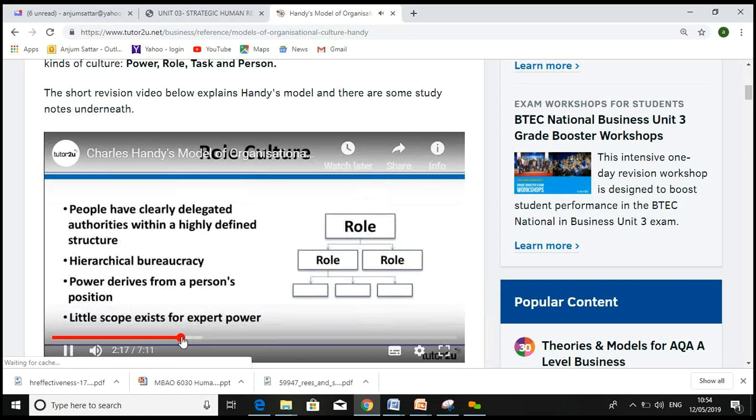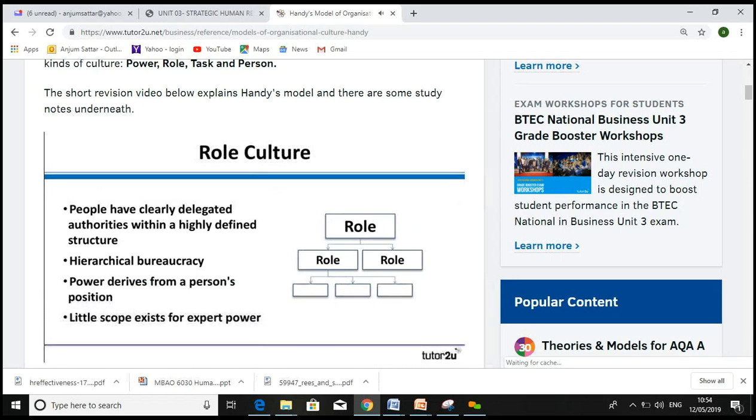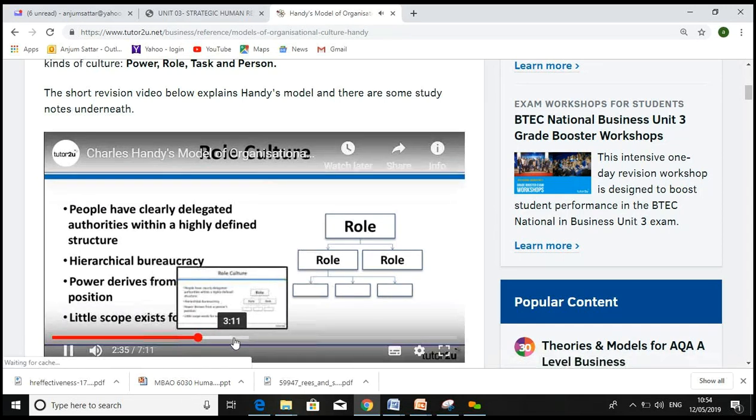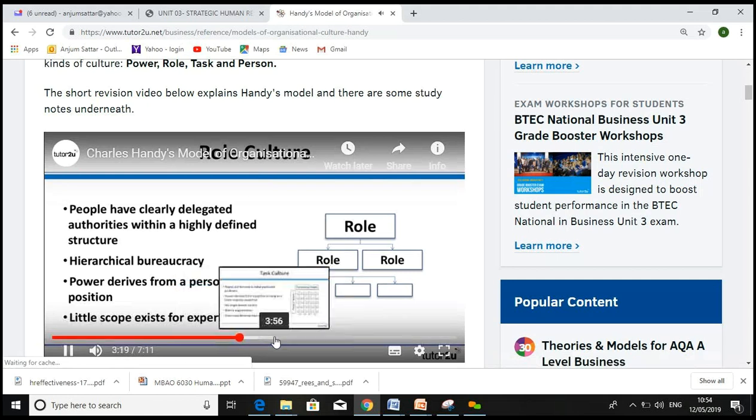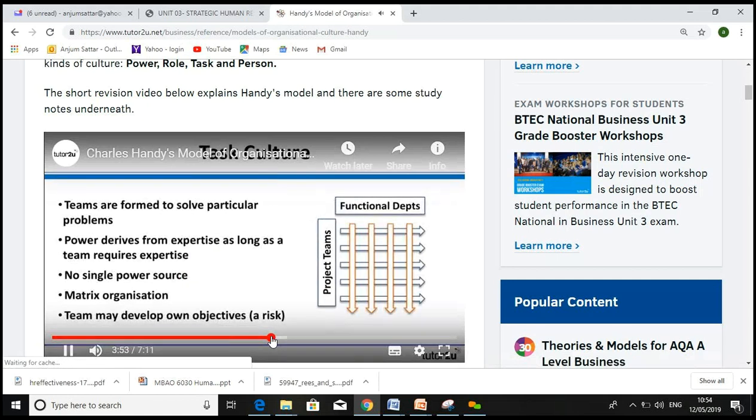Then role culture, where people have clearly delegated authorities within a highly defined structure. Everyone knows their role and responsibility.